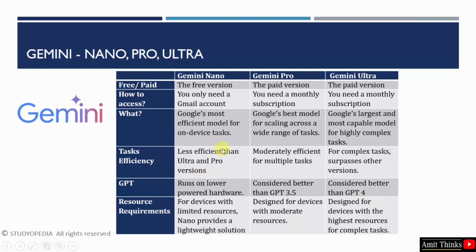Since it is the basic version, Gemini Nano is considered less efficient than Ultra and Pro versions, and Gemini Ultra is useful for complex tasks as I told before, and is better than both the Nano and Pro versions. Gemini Ultra is also considered as one of the most capable models for highly complex tasks, even when it is compared with GPT models.